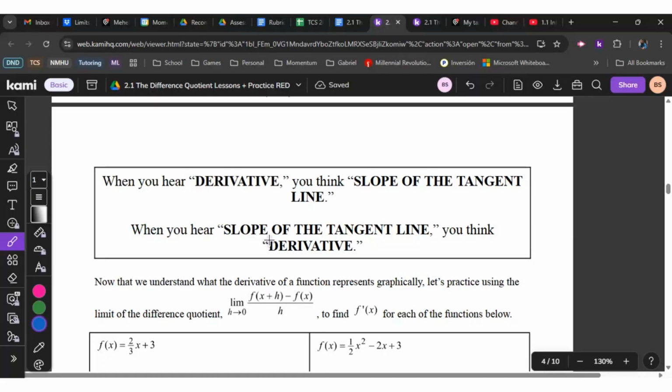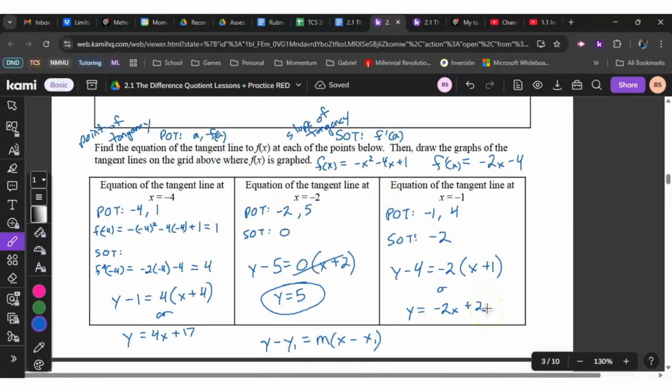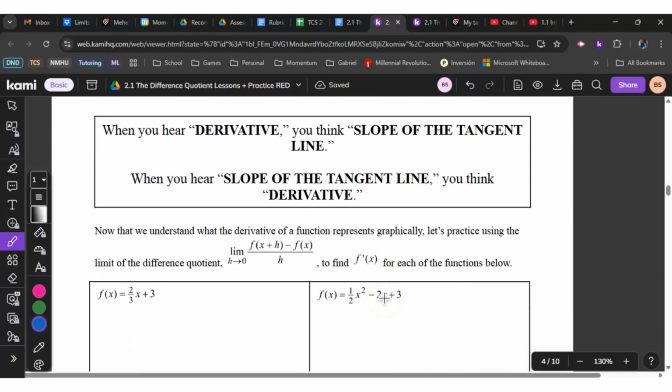So, what have we basically done? What do we need to consolidate? Good. I don't care which way. Leave it this way. You didn't actually write the line. Okay, so here's the thing, guys. When you hear derivative, you should think what? Slope of the tangent line. When you hear slope of the tangent line, you should think derivative.